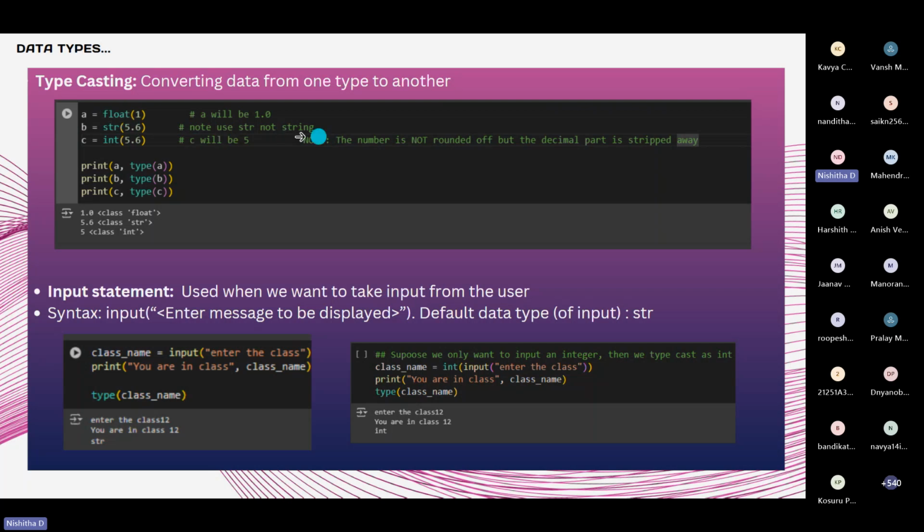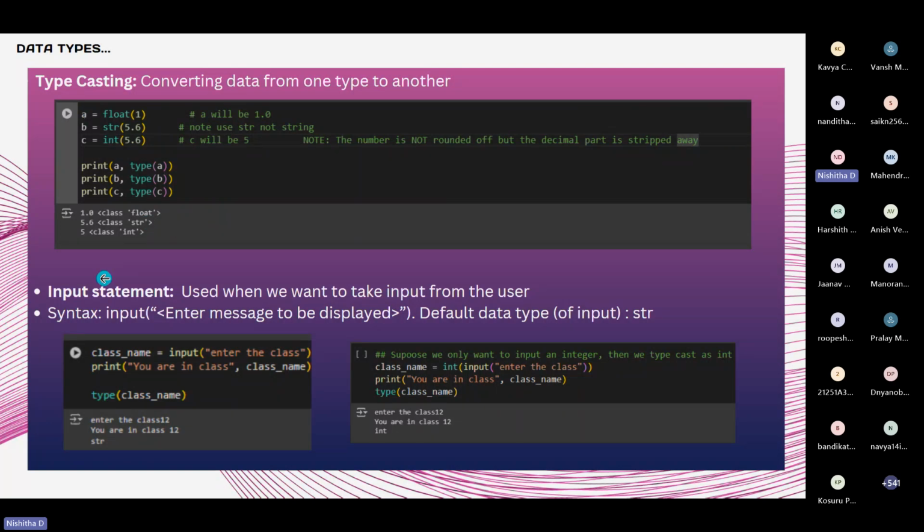Again, not string, str. And if I want to convert this float value into an integer, I type int. But it won't round off the number. It'll just strip away the decimal point. Like 0.6 is just removed. So C will become 5. That's about typecasting, converting data from one type to another. Now when I print the type of A using the type function, I get the correct types, these types.